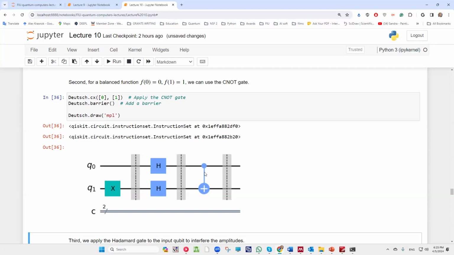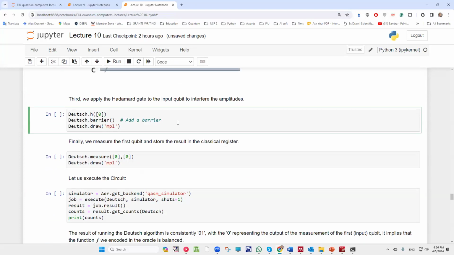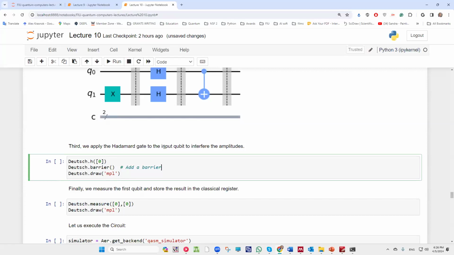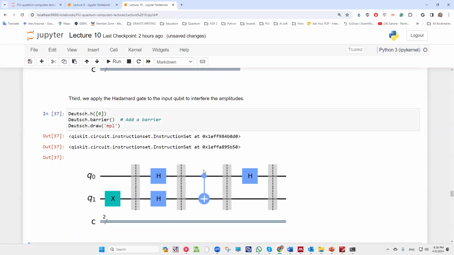I don't know whether my oracle is constant or balanced. This part is like a black box. I can't look inside. It's just a black box with 2 inputs, 2 outputs. And the Deutsch algorithm claims that we can run this simulation once to figure out the type of the function, basically to figure out what kind of function lies in the box.